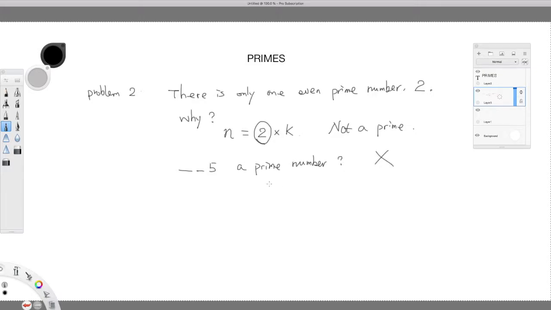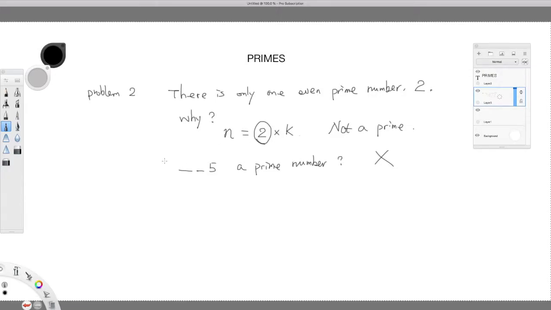It cannot be, because 5 is already a factor, and if the number is prime, then that number has to be 5 itself. Okay, so these are very trivial facts, but they can also be useful, and we'll see why.